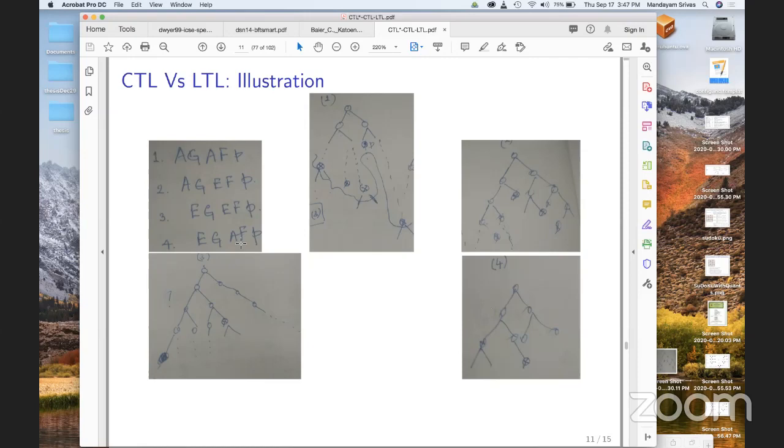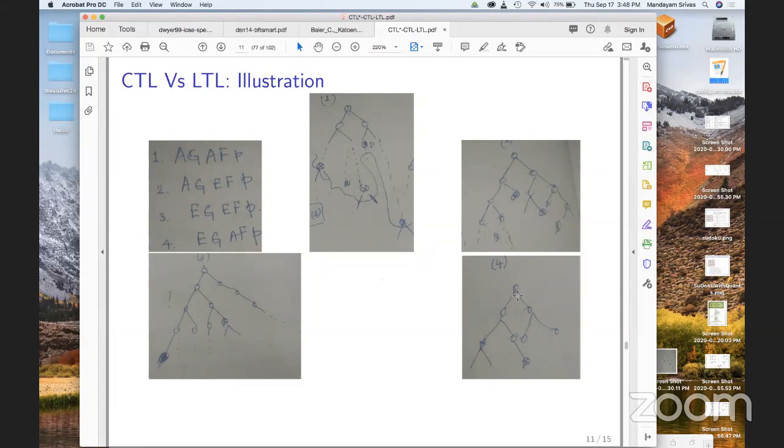And this is slightly different. I think I might have made a mistake here. So I should have a cross on the right side as well. Okay, either right at the root, or here, or at both these places. So this requires that there must exist a path on which every state satisfies this AF of P property.